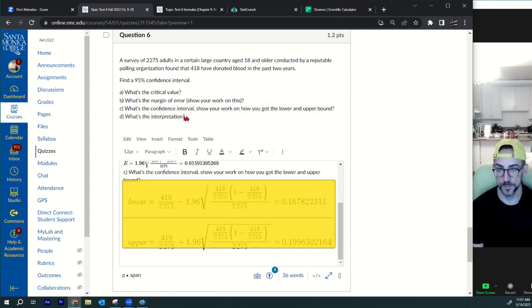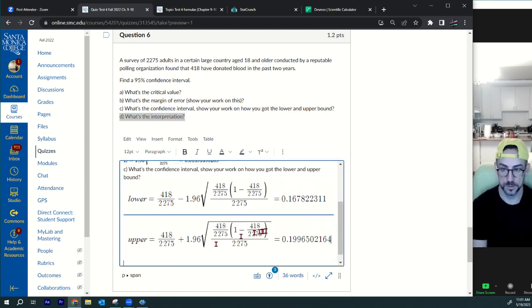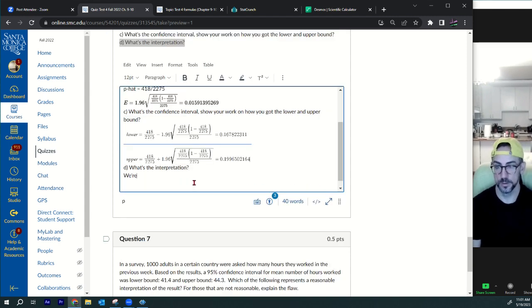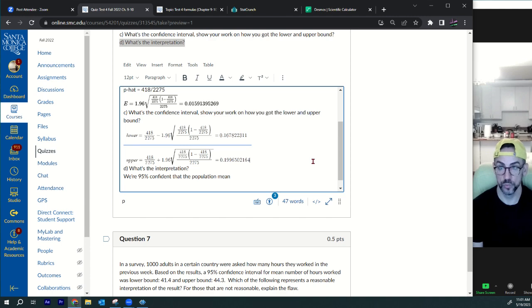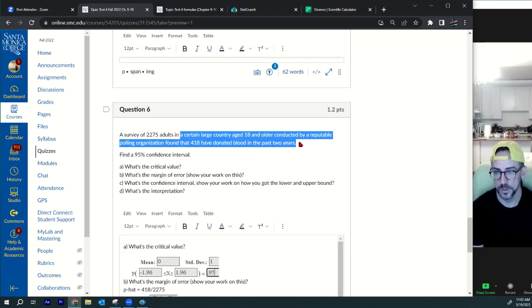All right, what's the interpretation? You could always make this smaller. Interpretation: we're 95% confident that the population mean, what are we talking about? Donated blood in the past 2 years. Who are we talking about? Survey adults in a certain large country, age 18 and older.